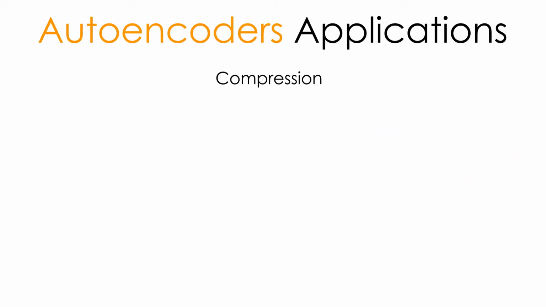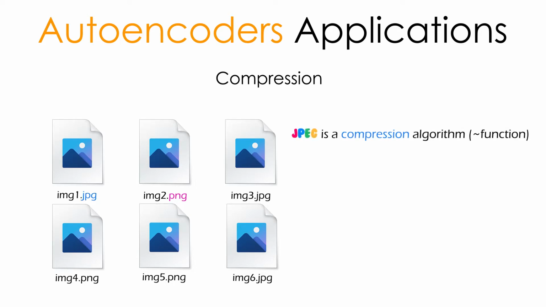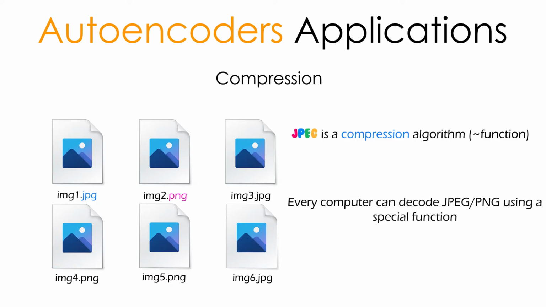If you ever looked at your image files on your computer, you might have noticed at the end of the name of the files a .png or a .jpeg extension. In fact, JPEG is a compression algorithm that is very standard on the internet and which is used worldwide. So, every computer around the world has an algorithm which is able to decode JPEG so that you can read your image files.